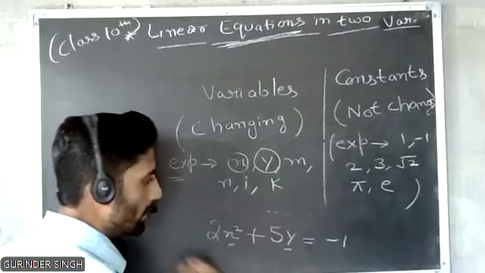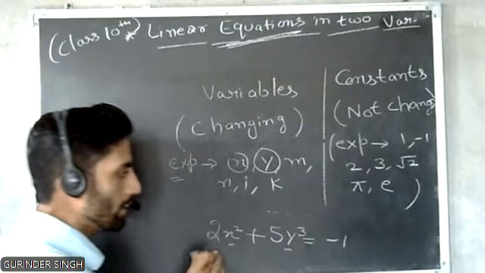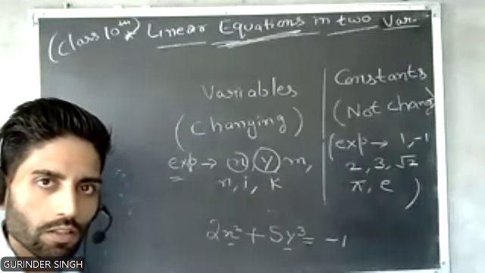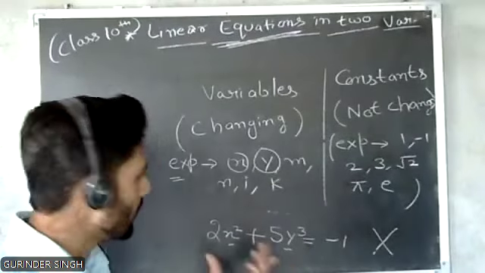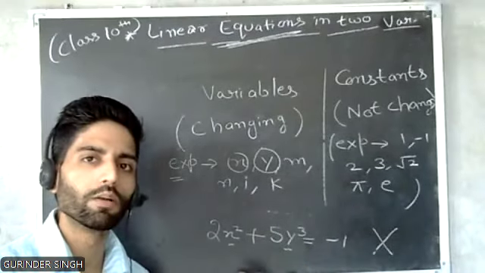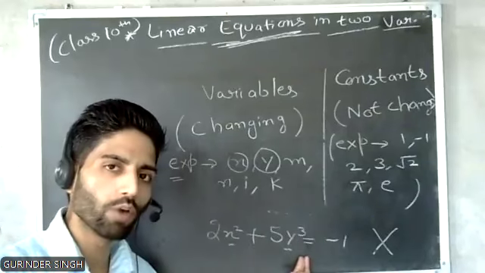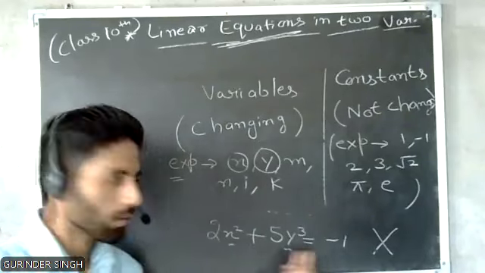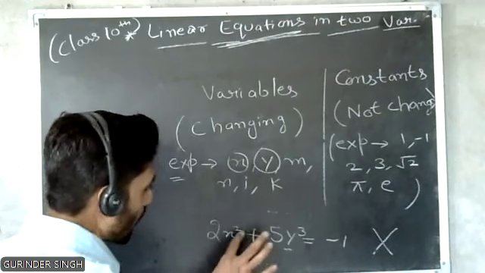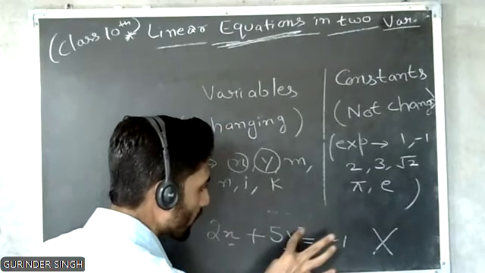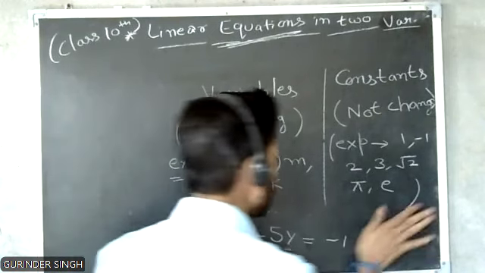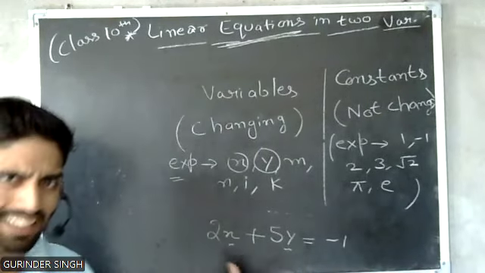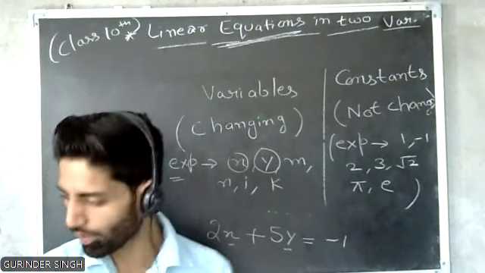If the powers are otherwise, it is not a linear equation in two variables. Still, it's an equation in two variables, because x and y are involved and equal to is there, but not linear, because the power should be 1.